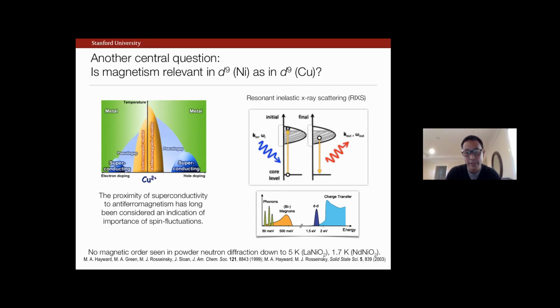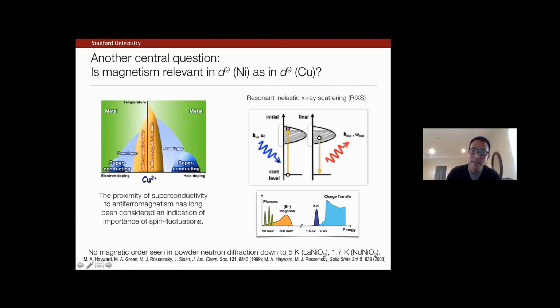Now, it's interesting that we're stuck with a materials constraint where we can only have nice crystalline films down to about 100 angstroms. And we are reliant on these remarkable developments in the last 10, 20 years in using resonant inelastic X-ray scattering to be able to access and probe magnetic excitations despite this terribly confined geometry.